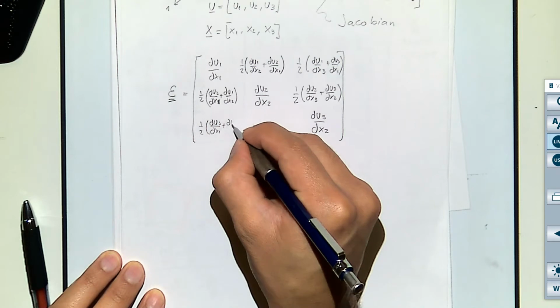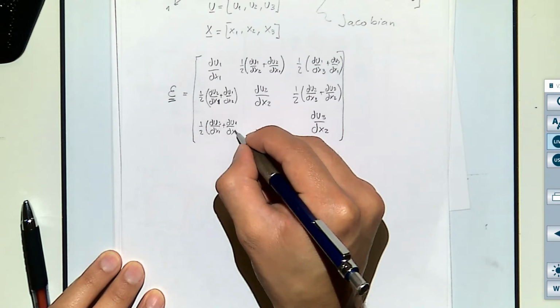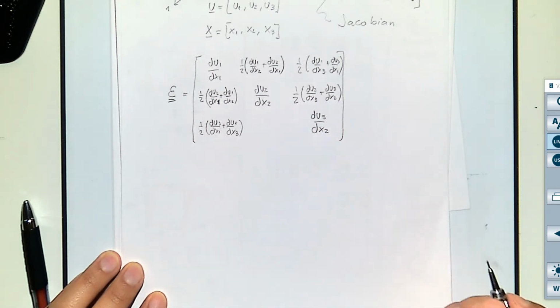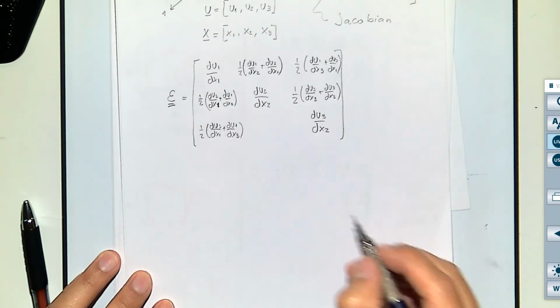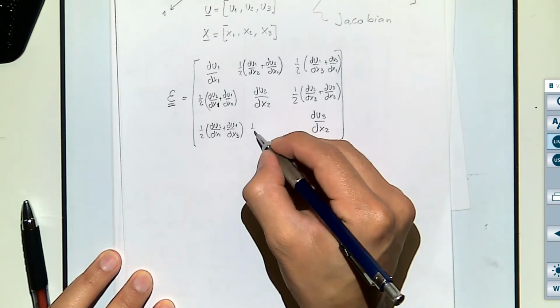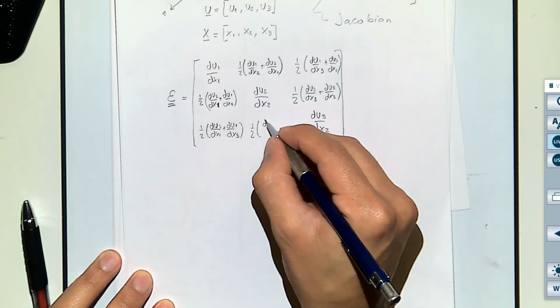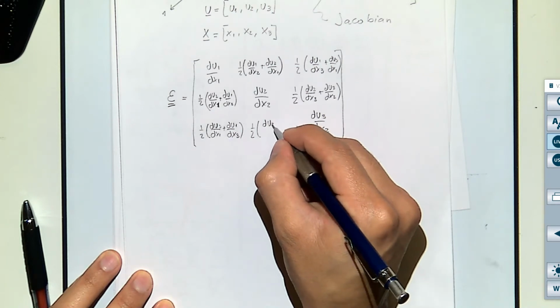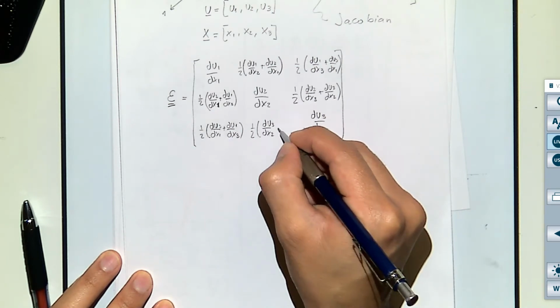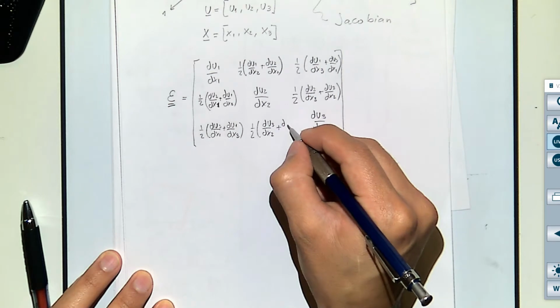I have a question for you. Do you think this matrix, this strain matrix, is symmetric? Yeah. Why? Why not?